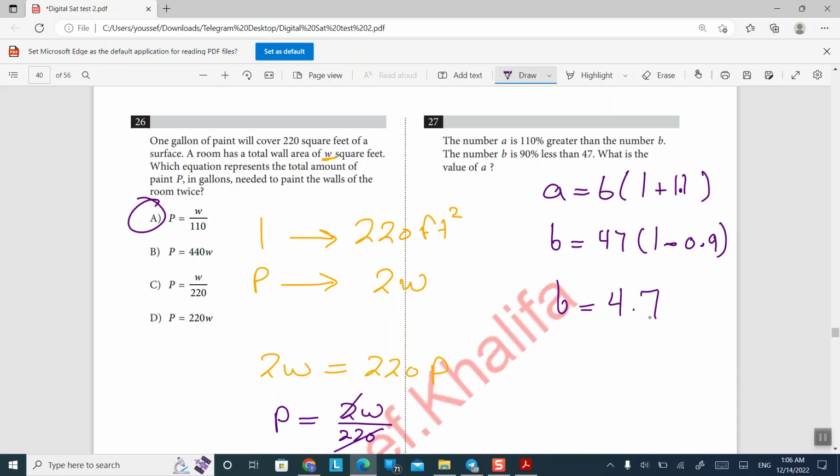While the value of A, substitute that in the equation that we have created. You find that A is equal to 9.87.